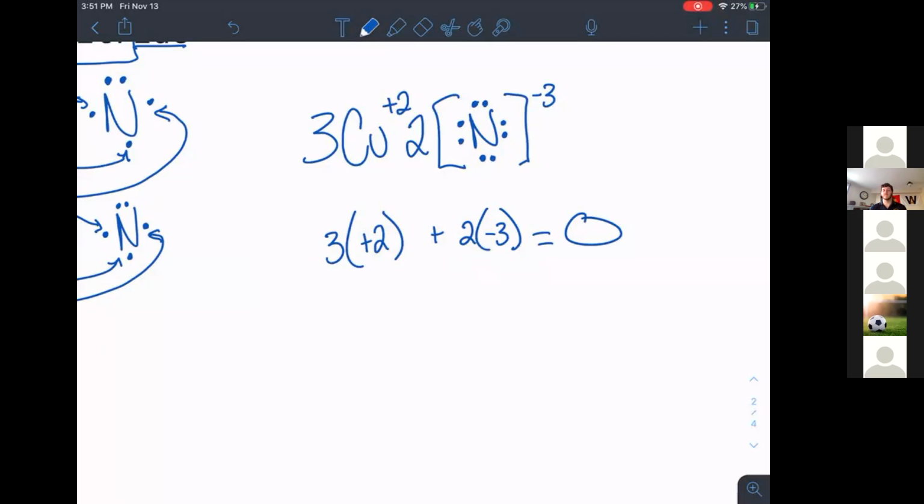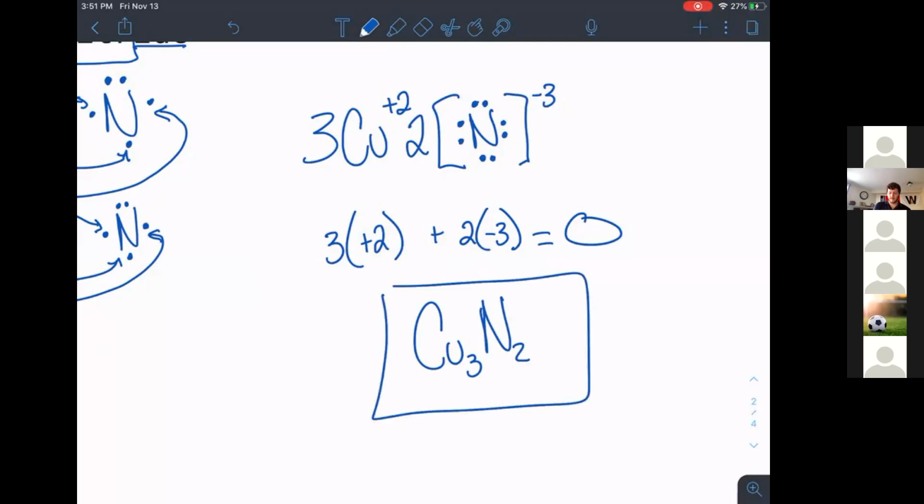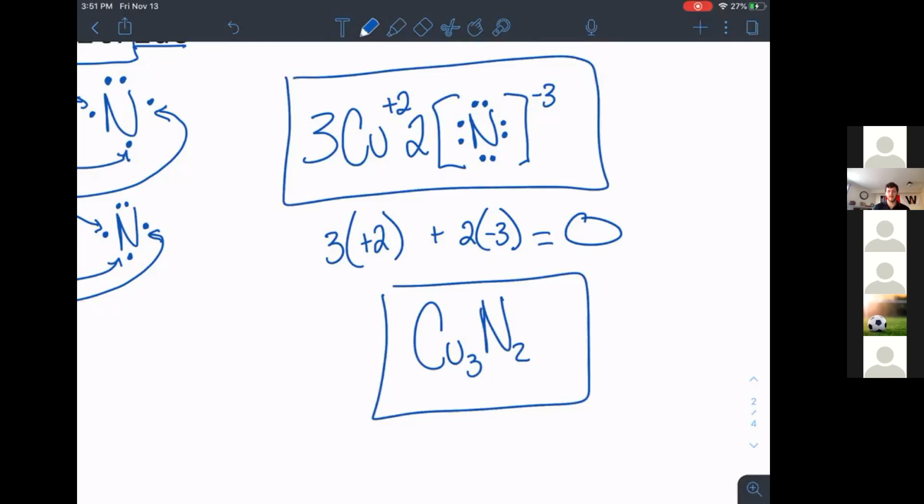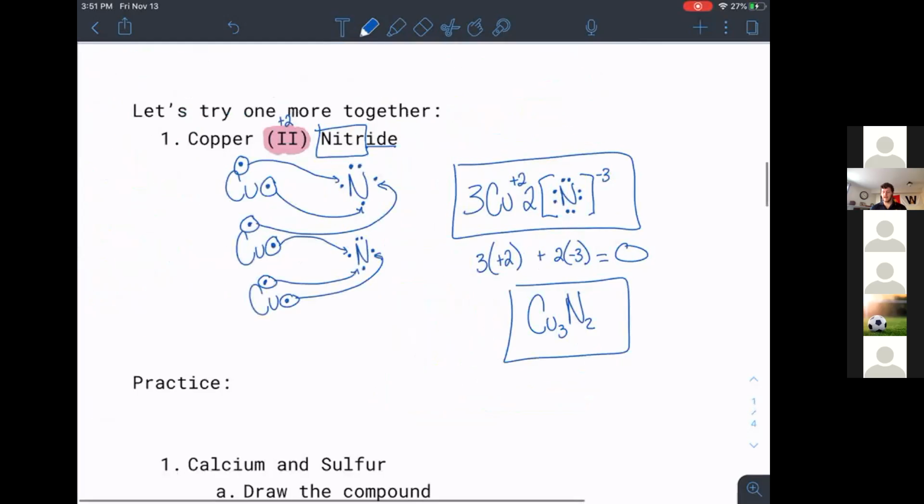So what would my formula be? Would it be Cu3 and then N2? Perfect. And then we're done.